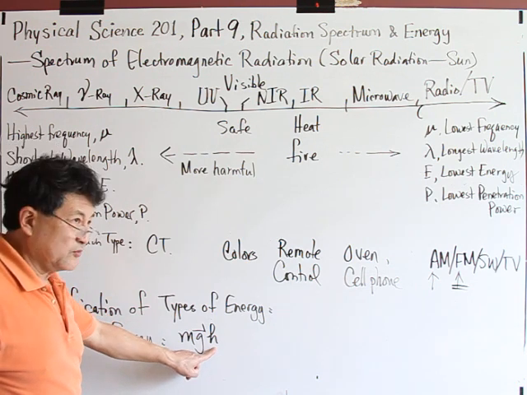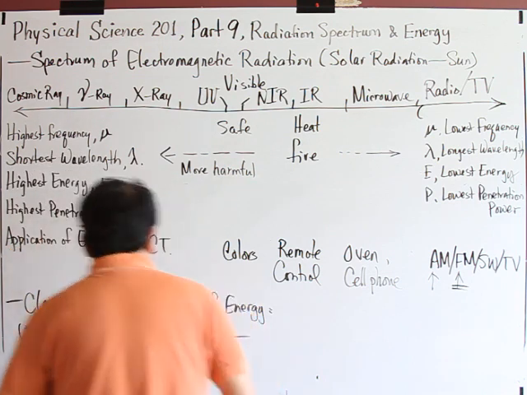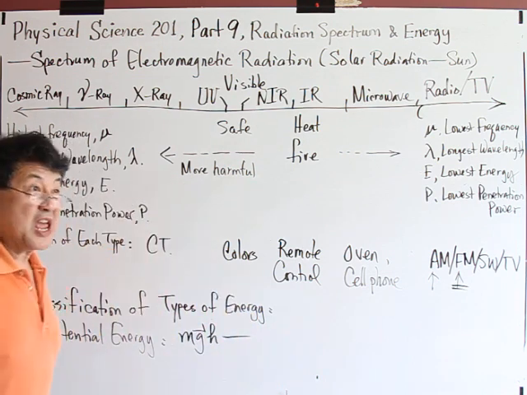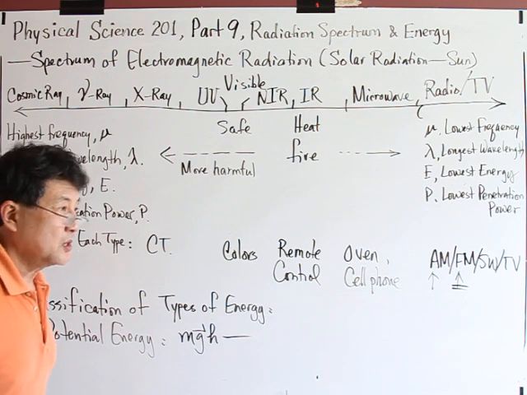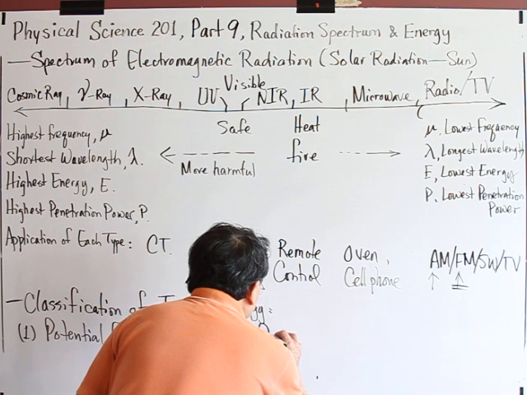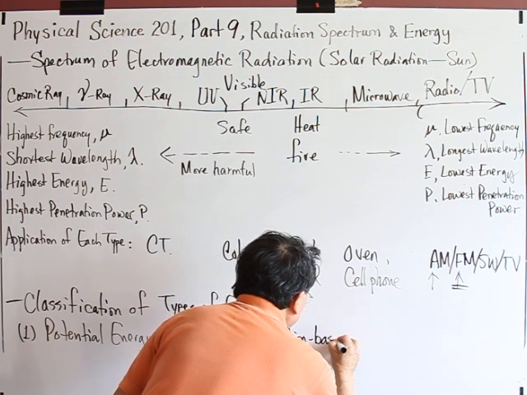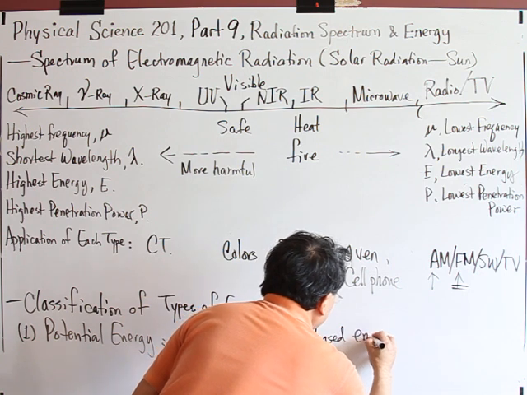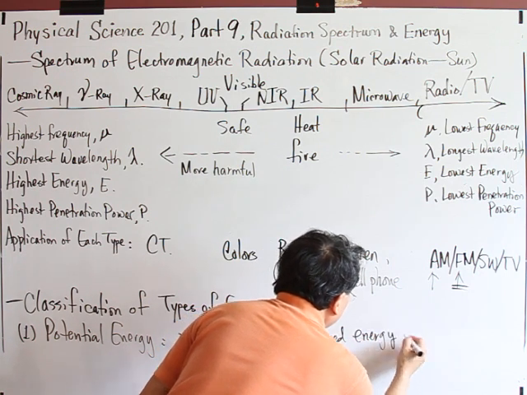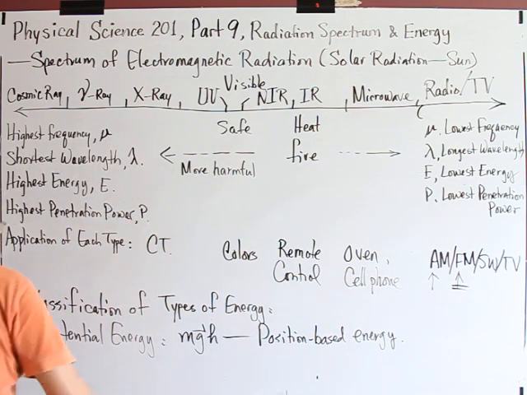So what is the definition of potential energy? Potential energy is position-based energy. That's the first type.